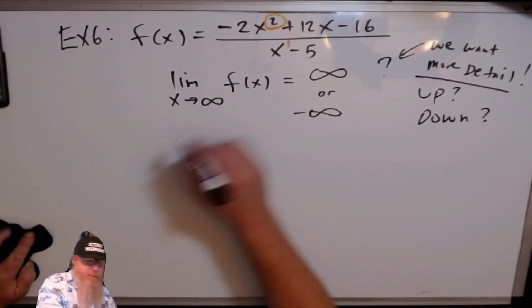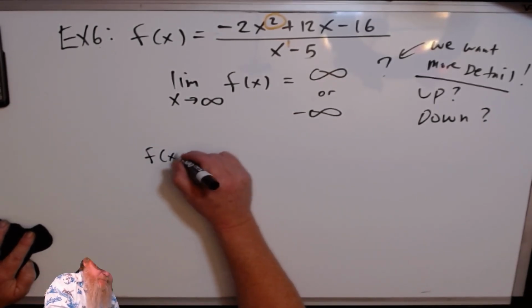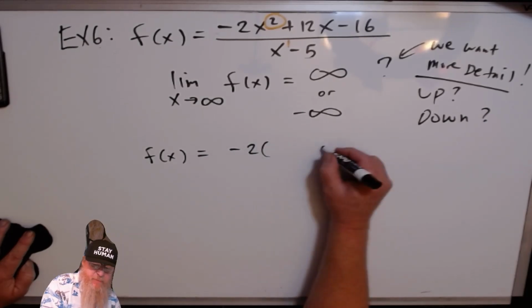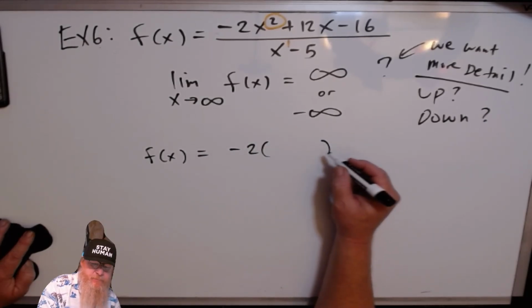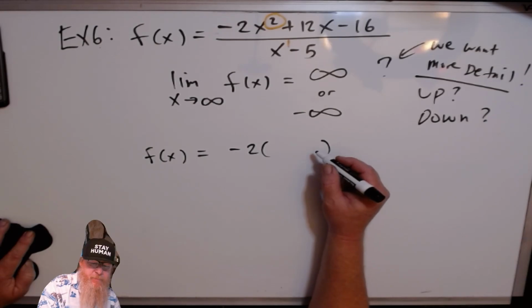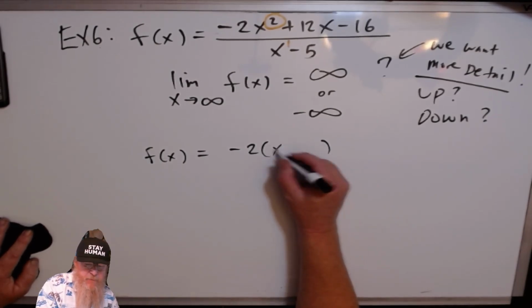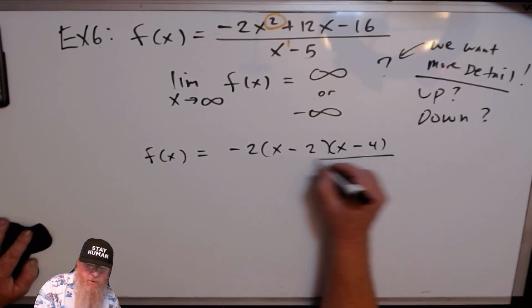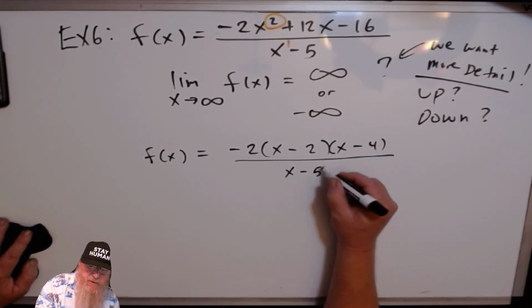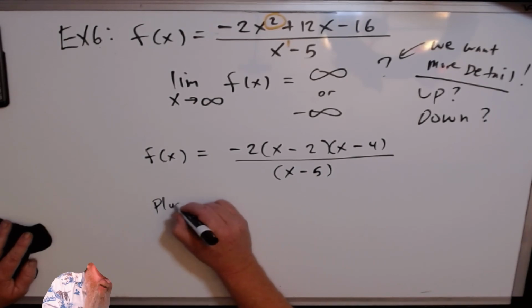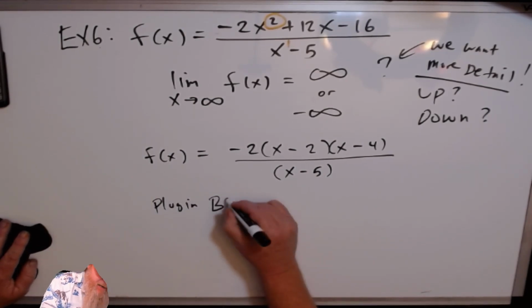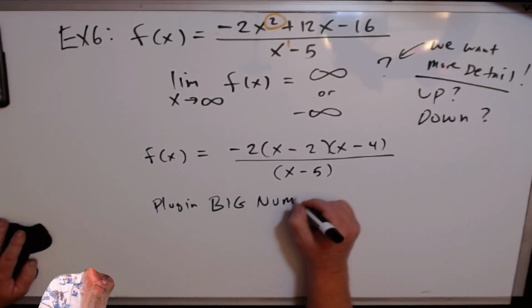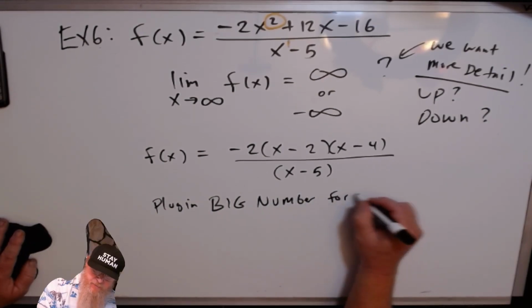So let me get into it. Remember how we factored this thing. I just erased it, but I wish I didn't. I get negative, what was it, x minus 2 and x minus 4 over x minus 5. Just plug in a big number for x.